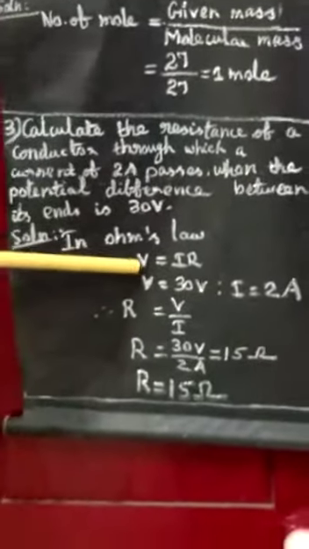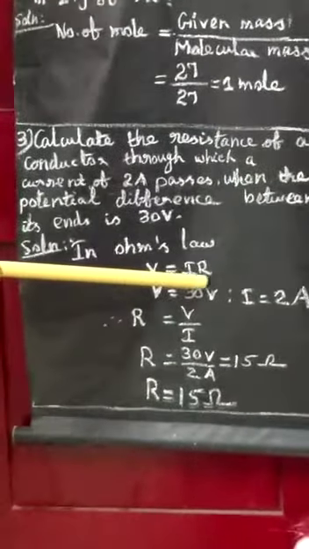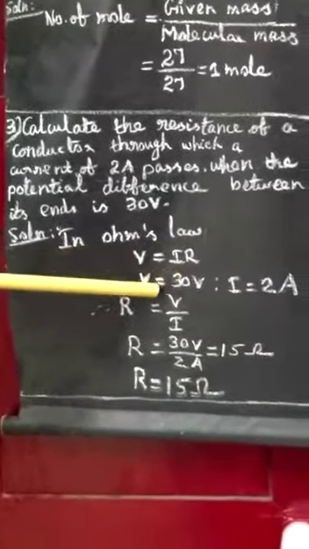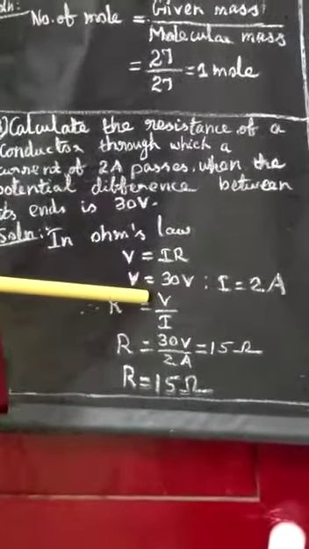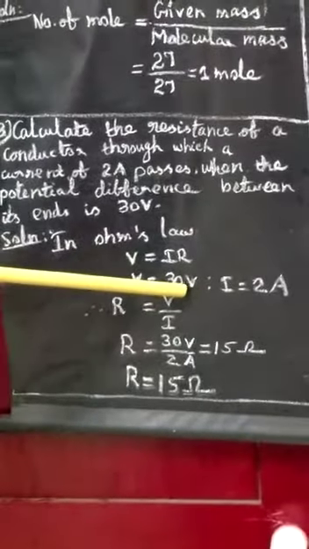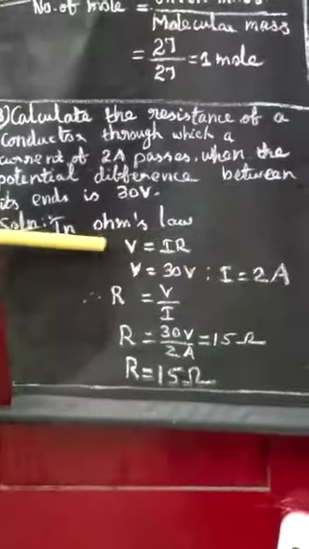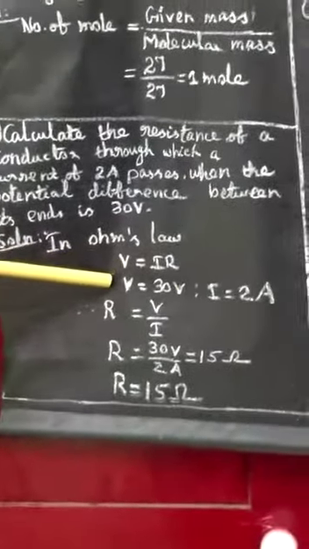Ohm's law states that V is equal to I into R: potential difference is equal to current into resistance. The potential difference is equal to 30 volt. The current is 2 ampere. Substitute the two values.